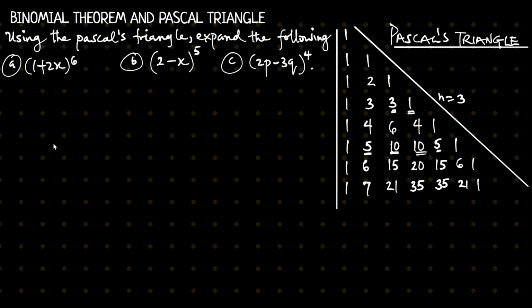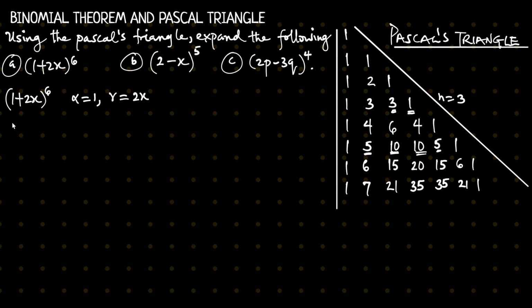Now let's consider more instances. Let's say you're trying to do the same with 1 plus 2x to the power of 6. So we can take alpha as 1, gamma as 2x.